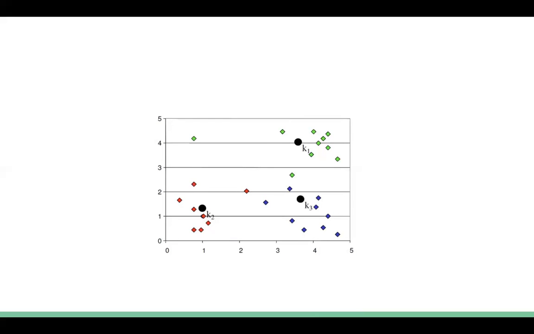So what is the sum of the squared error? It is the difference between this point and the centroid, squared, plus the difference between this point and the centroid, squared, plus so on.